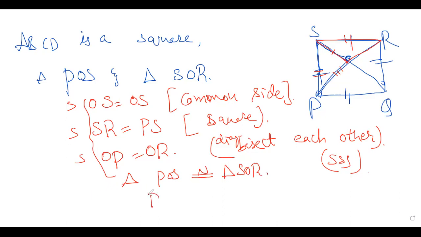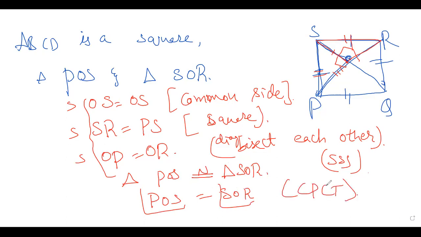So by CPCT, this is equal to this, we can write. Angle POS is equal to angle SOR. That is CPCT.